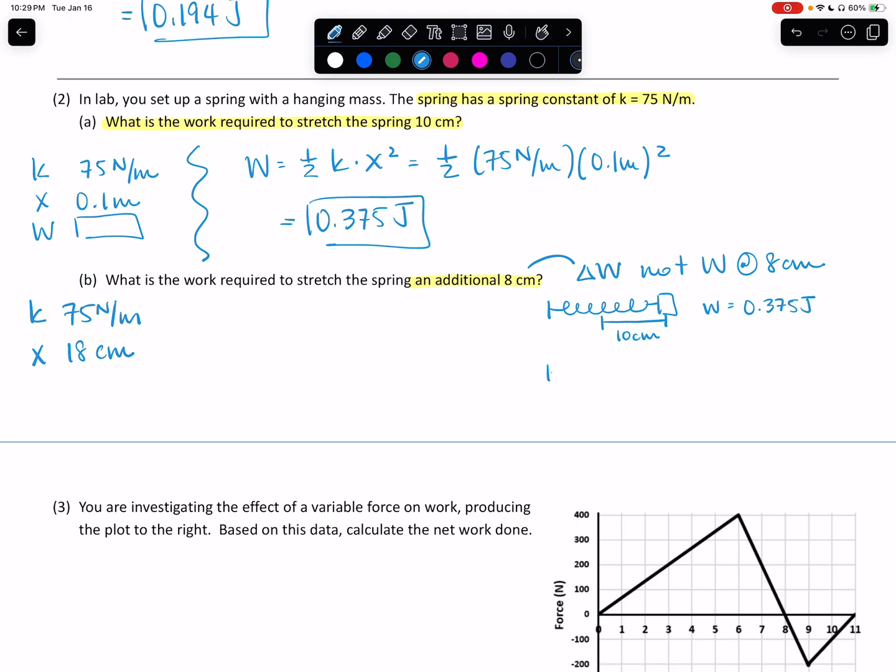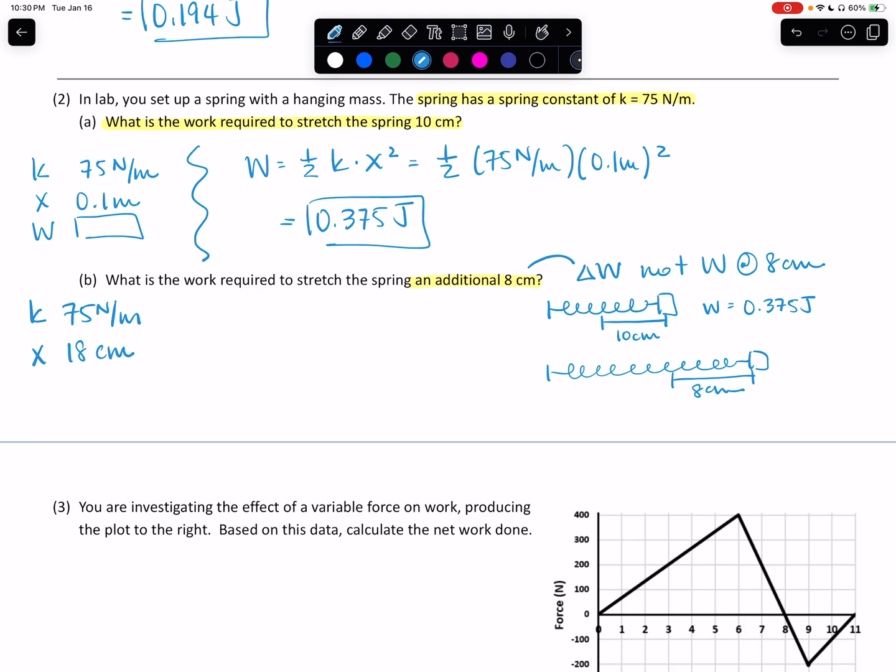Now we want to take it out an additional 8 centimeters. So I've gone 10, and now I want to go even further. Now remember what we said: this is a variable force. So it's not the same amount of force needed for each centimeter that we stretch it. The amount of force increases for every centimeter that we stretch it.